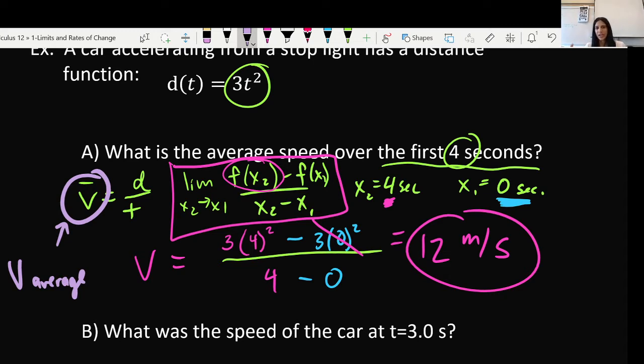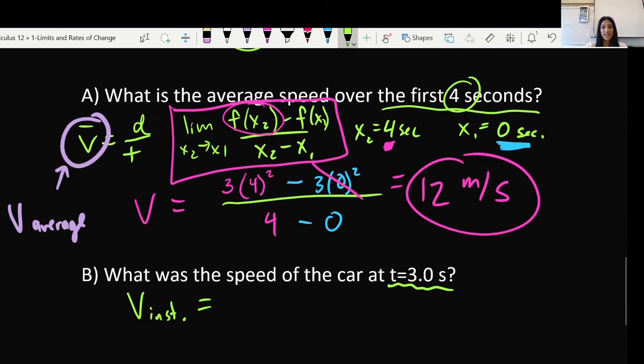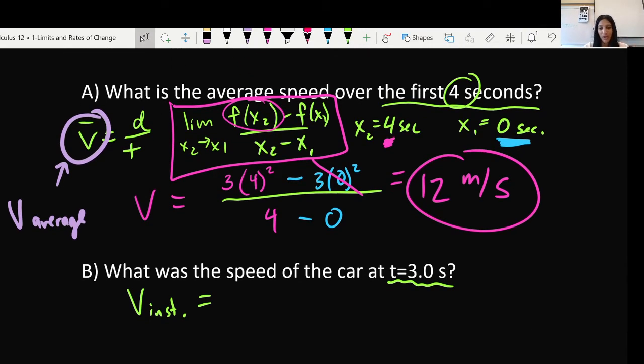It's like when you're looking at 2 different time spans, or going from one time to another. In part B, it's asking what was the speed at t equals 3 seconds. So we want our instantaneous velocity in this situation because it's at an exact precise point.